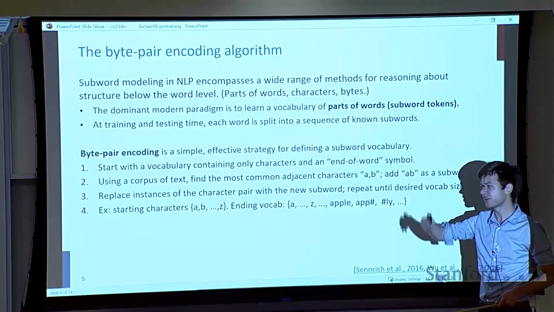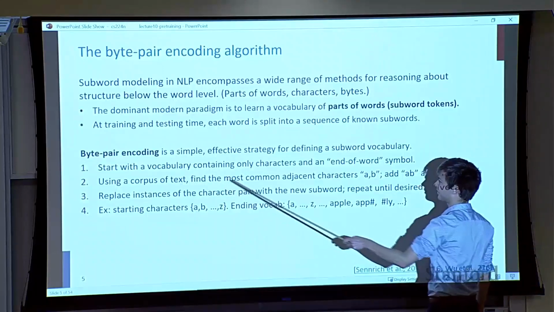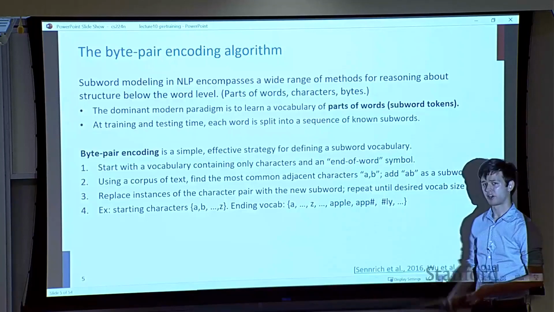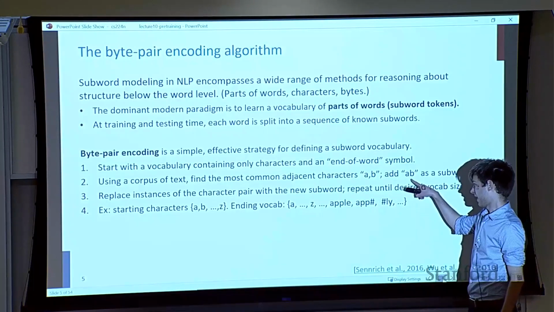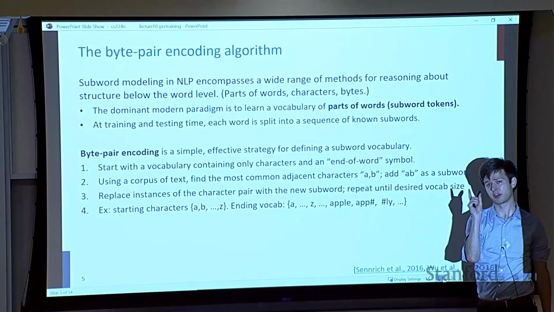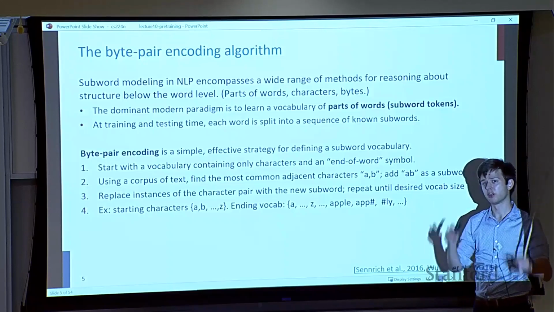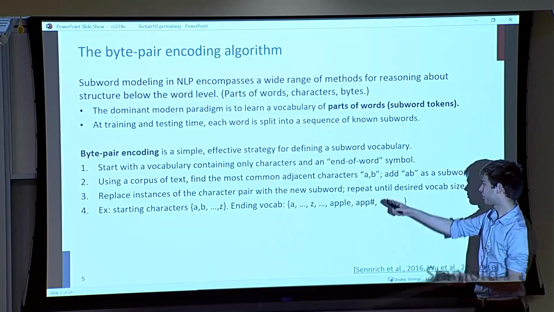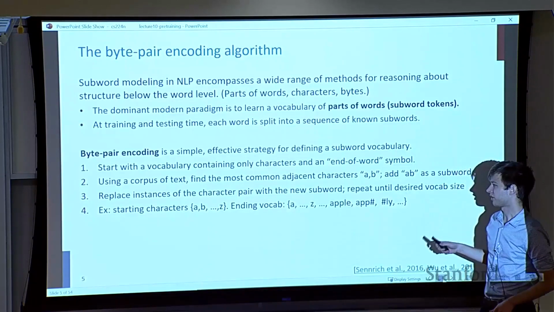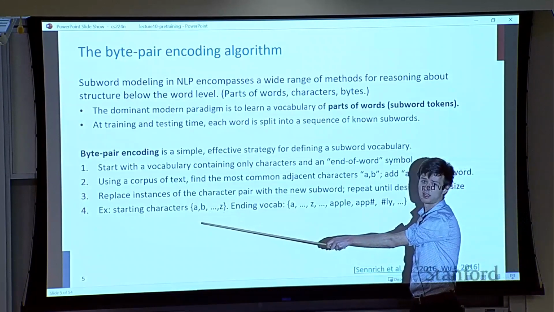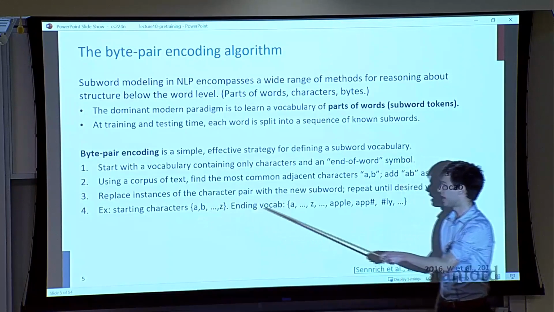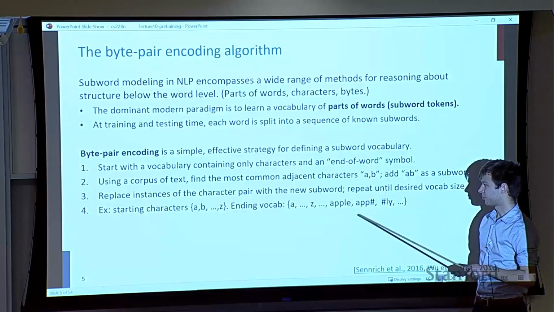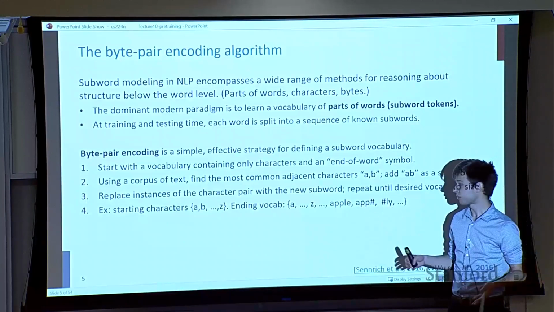And then we'll iterate over this algorithm. We'll use the corpus of text to find common adjacent letters. So maybe A and B are very frequently adjacent. Add the pair of them together as a single subword into your vocabulary. Now replace instances of that character pair with the new subword, and repeat until your desired vocabulary size. So maybe you start with a small character vocabulary, and then you end up with that same small character vocabulary plus a bunch of entire words or parts of words.